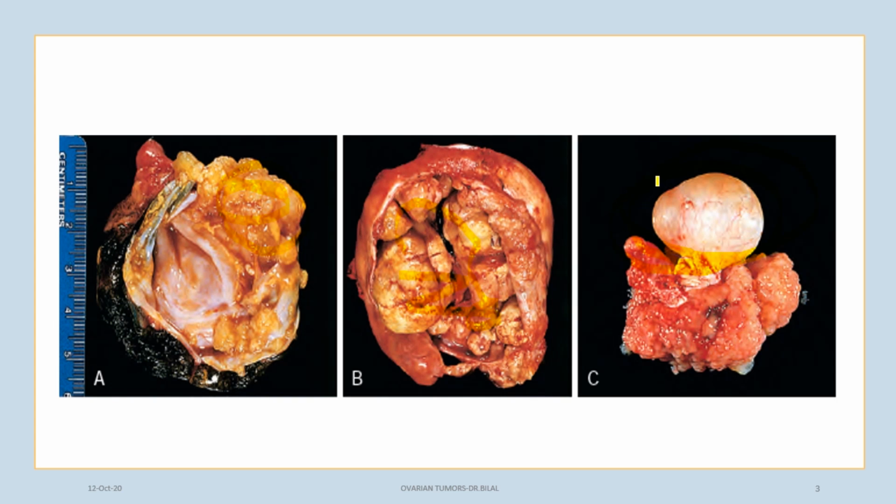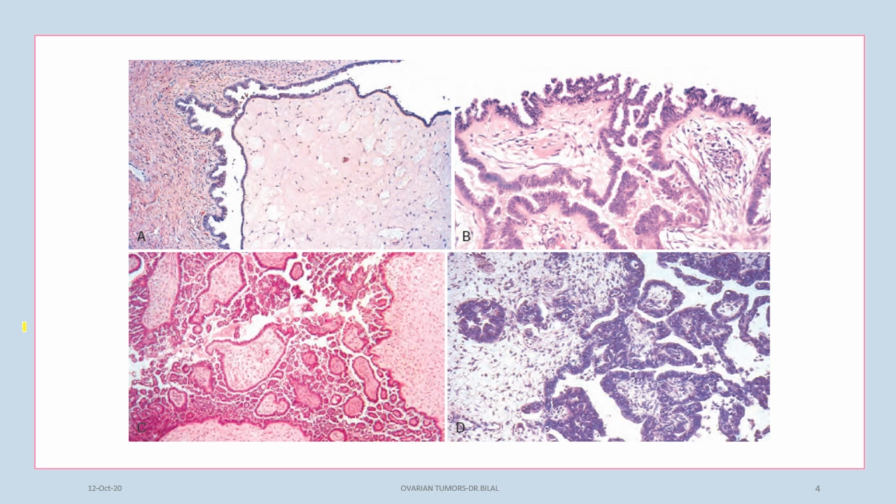If a scenario describes a thin cyst with no solid areas, and you consider on histology that it's a serous tumor, it's most likely going to be a serous cystadenoma. Now, people make a mistake in this regard. If a serous tumor is asked, they write mucinous, and if a mucinous tumor is asked, they write serous. There are a few particular differences.